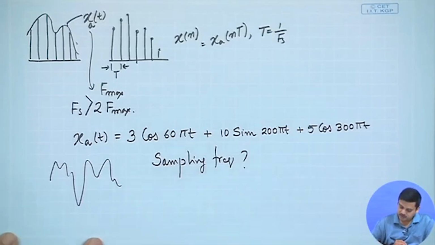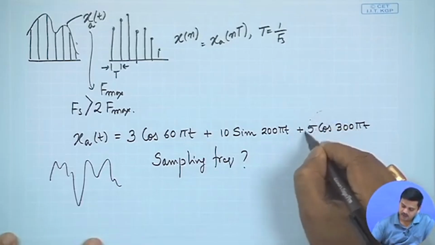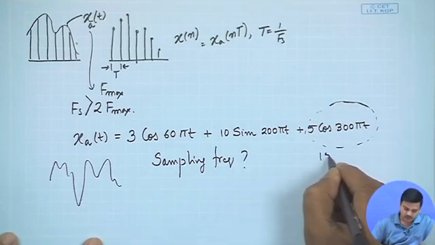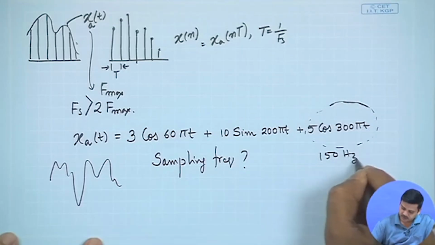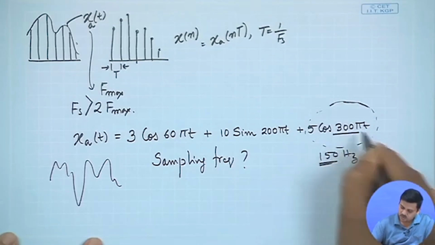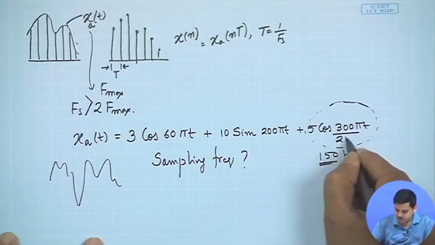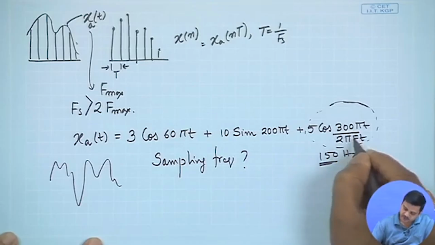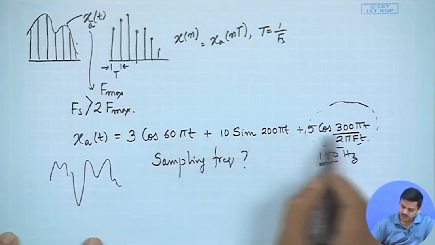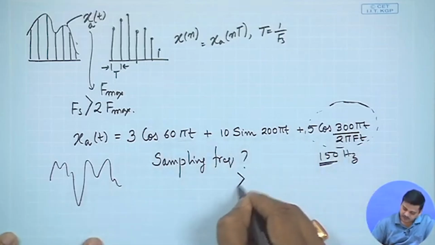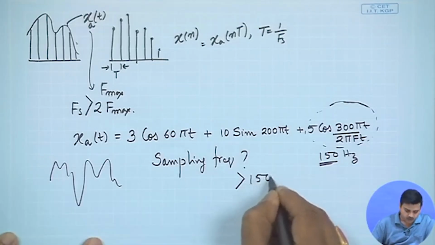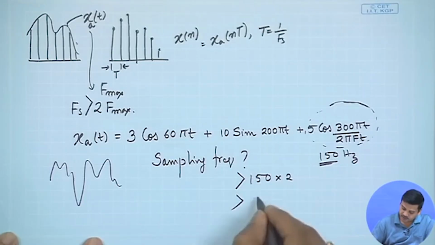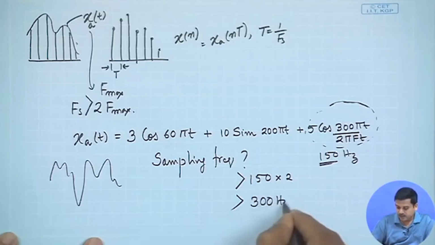In this case, we clearly find that this signal contains the highest frequency, and that highest frequency is 150 hertz, because this is 2 pi f t. So, definitely f is equal to 150 hertz. This is the highest frequency of this. So, definitely the sampling frequency must be greater than 150 times 2, that means it must be greater than 300 hertz.